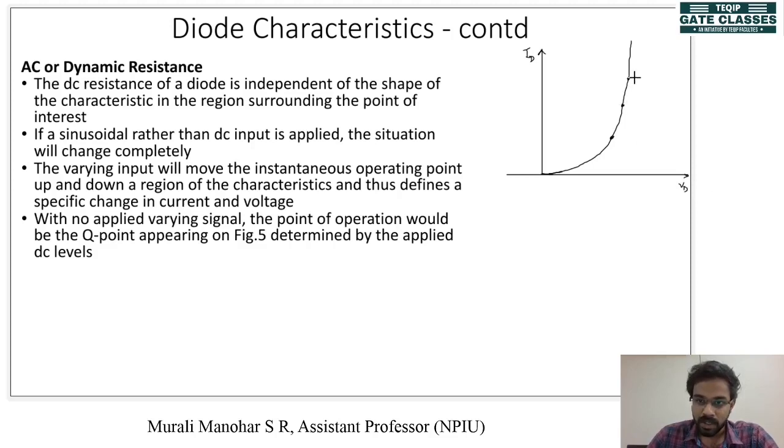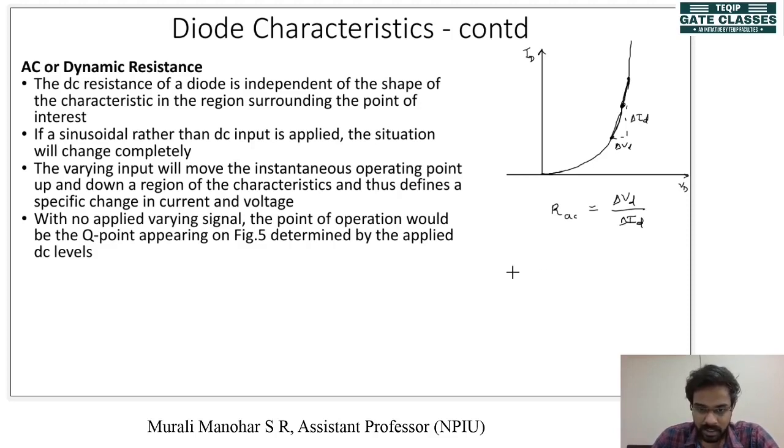So if we draw a tangent at this operating point, and if we take the voltage difference delta VD and the current difference delta ID, and if we find out a resistance corresponding to this change in voltage and change in current, then we'll get a resistance called the dynamic AC resistance of a diode.